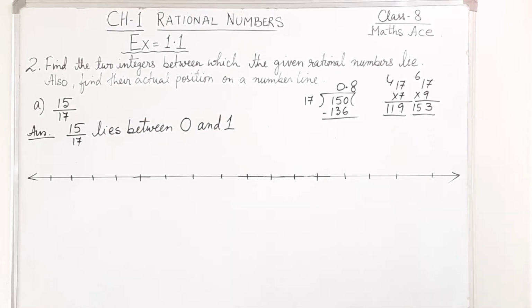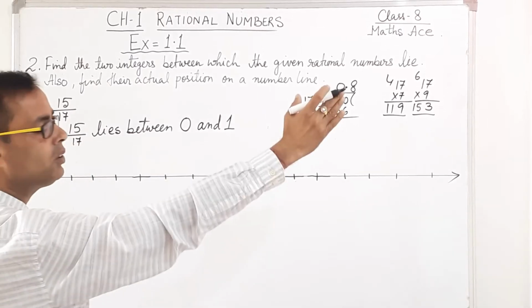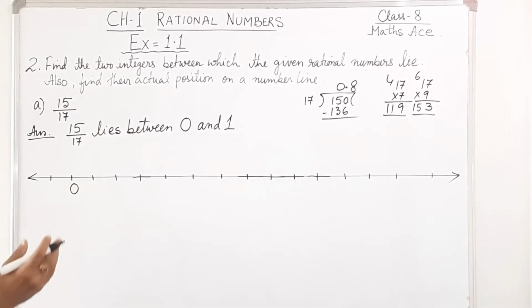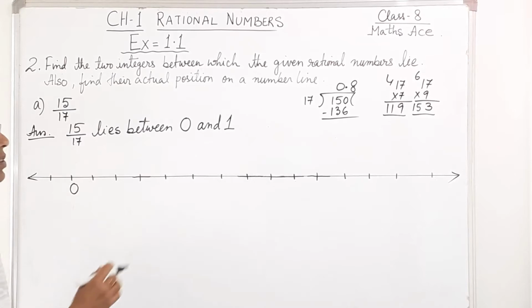Clear? Now they are telling you to plot this one on the number line. So how will you plot? The same way just now how I have taught you in question number 1. So 15 by 17 will lie on this side. So 0 I can write it here. Now downside it is 17, so 17 boxes should be there.